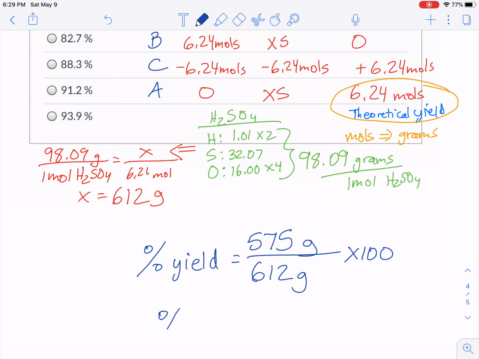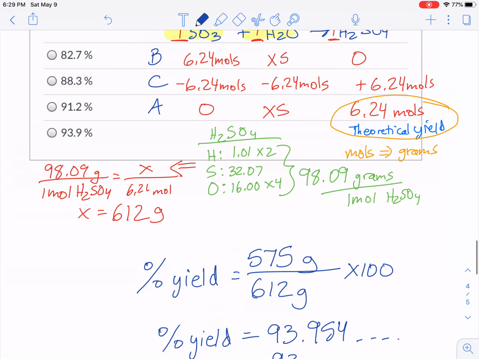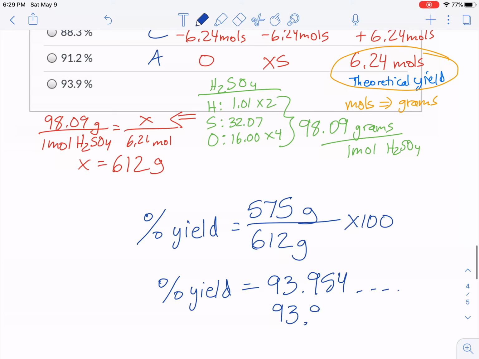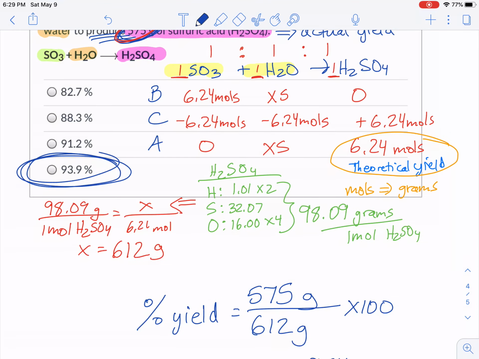Ultimately, my percent yield was very good. It was 93.954. It keeps going. This is why we use significant figures. It's always best to be able to round to the appropriate significant figures. In this case, we're going to go ahead and round to 93.9%, which is right here.